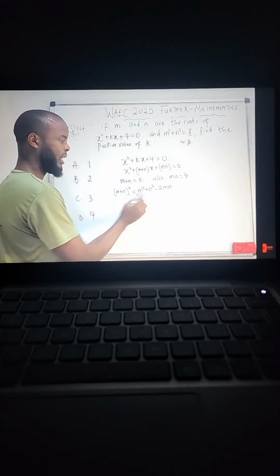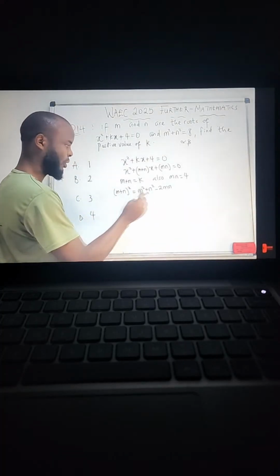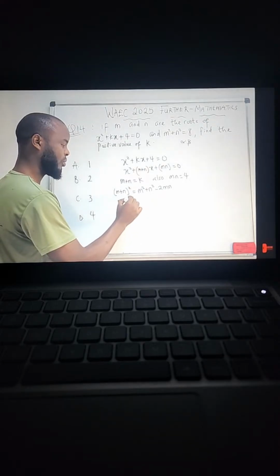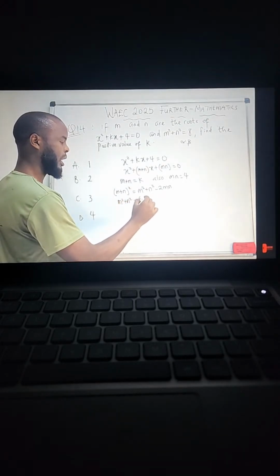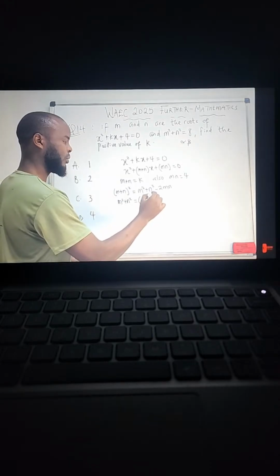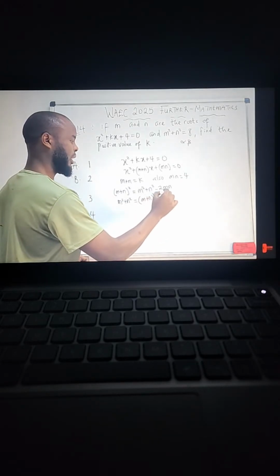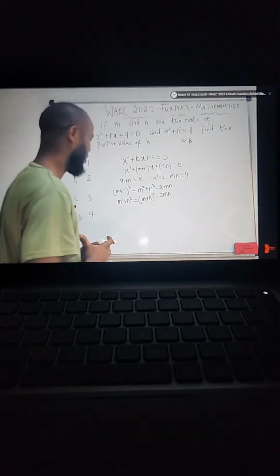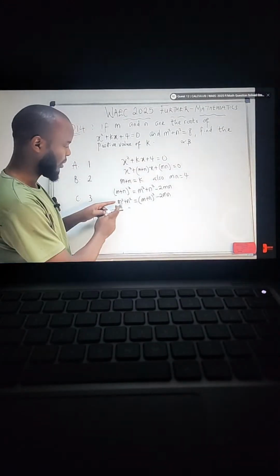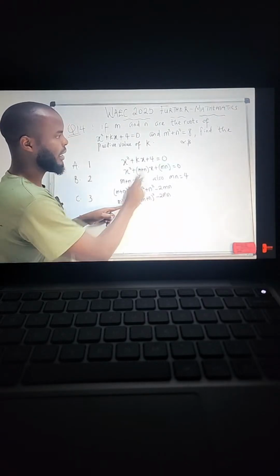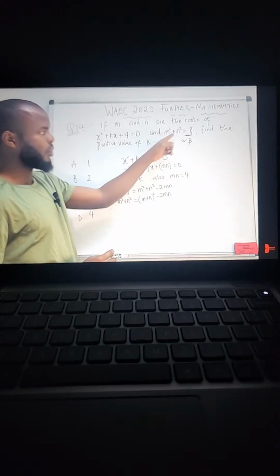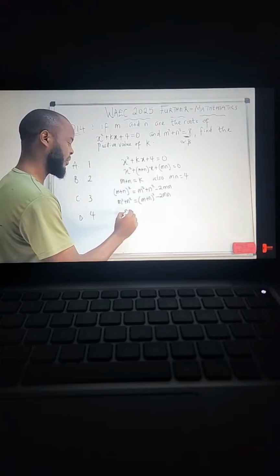From here, you can say that m squared plus n squared is equal to m plus n all squared minus 2mn. Now, this makes some sense. Here we've been given the condition that m squared plus n squared is 8, so we can plug in 8.